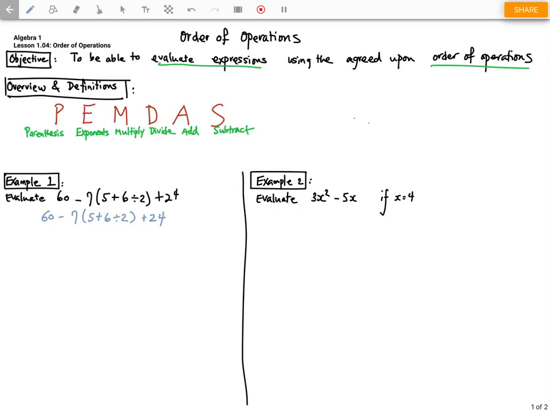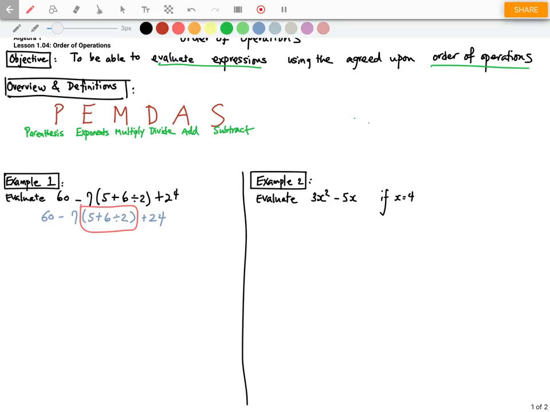Using the acronym PEMDAS for the order of operations, if we look at PEMDAS, parentheses, exponents, multiplication, division, addition, subtraction, it reminds us that parentheses are the first thing that one should do.